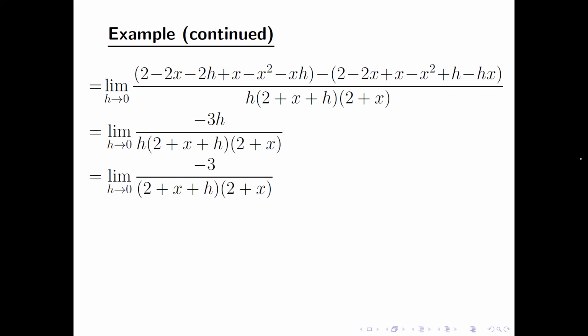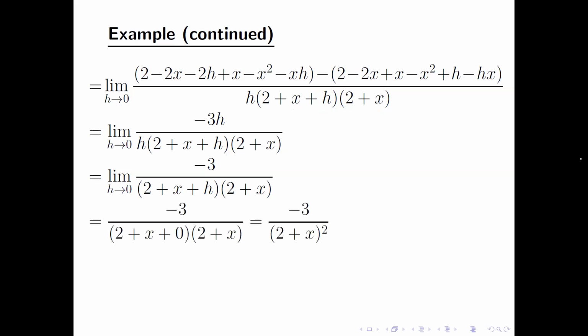But here we need to be careful. Please, in our denominator, don't multiply them. Just leave them the way it is, because if you multiply them, you are going to confuse yourself. One will see that the reason behind leaving them the way it is, is because when h approaches 0, when you substitute h here, you will get the bases which are the same, and then you can apply the laws of exponents.